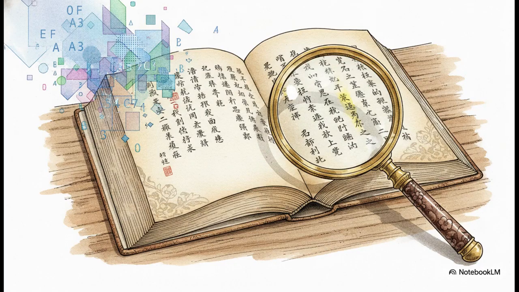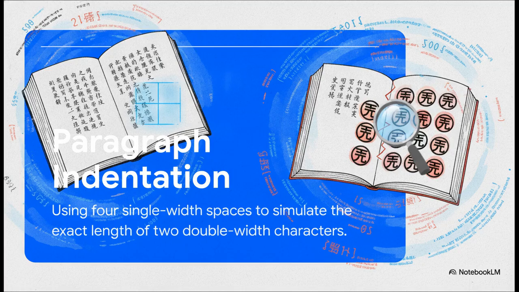Now, you might be thinking, all right, so the math was off by a tiny margin for one single character. Is it really that big of a deal? Let's step away from the dry hex math for a second and look at the real-world impact. Why does messing up a simple space matter so much, especially to folks reading CJK text? So the crucial point is that the cultural and typographical stakes here are surprisingly high.